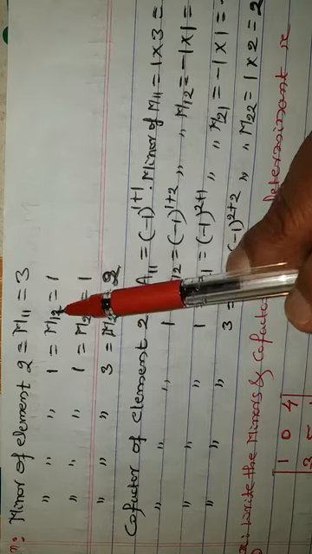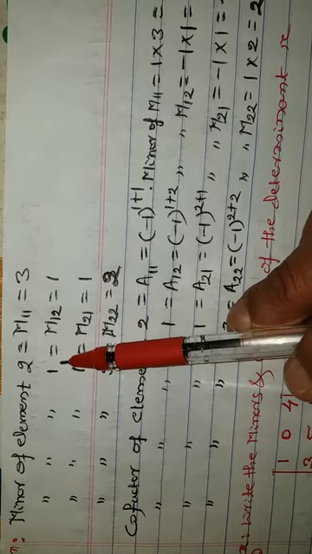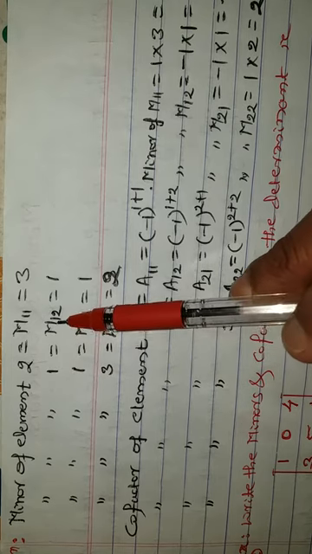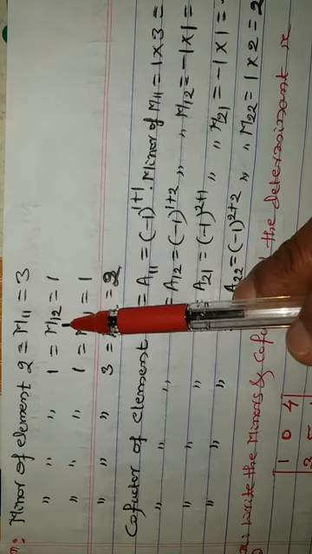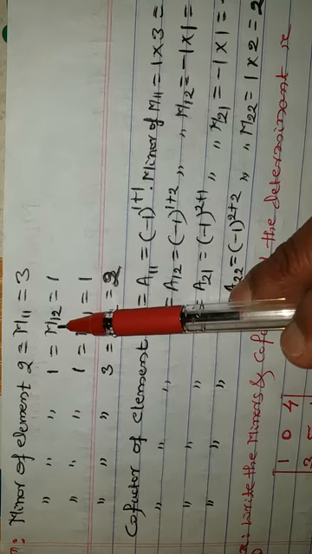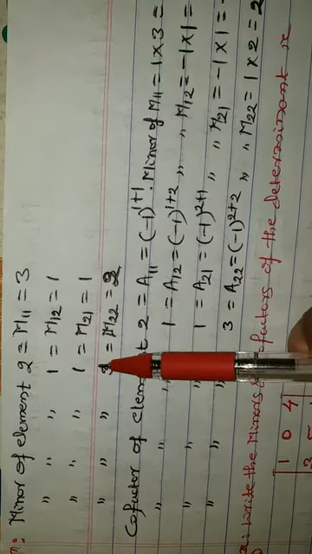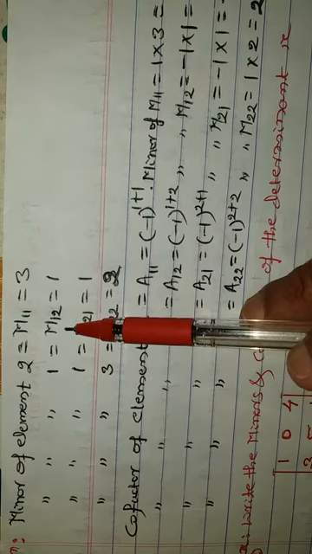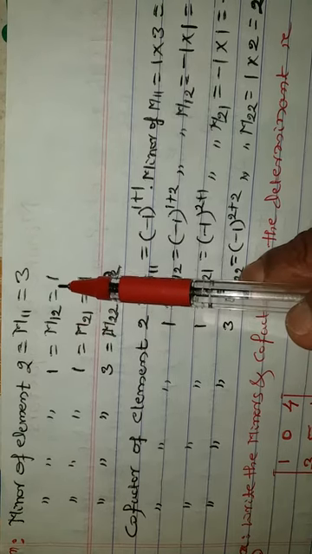The minor of the second element, that is 1, is in the A12 position. Hence, the minor is denoted by capital M12. Therefore, the minor of the second element, M12, is equal to 1.